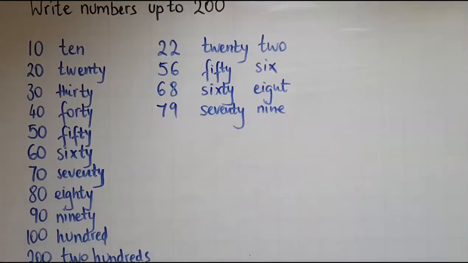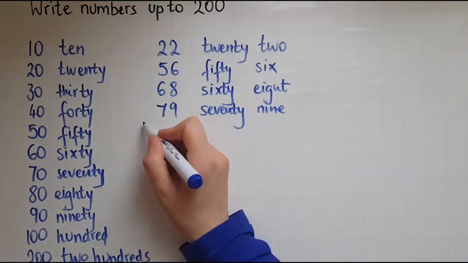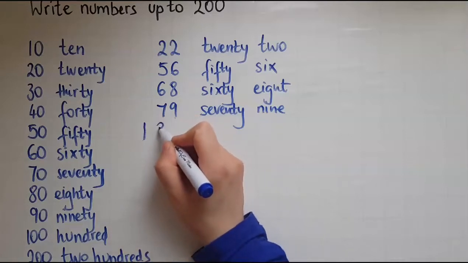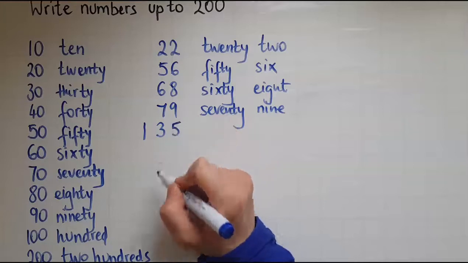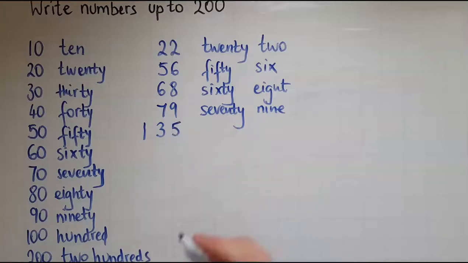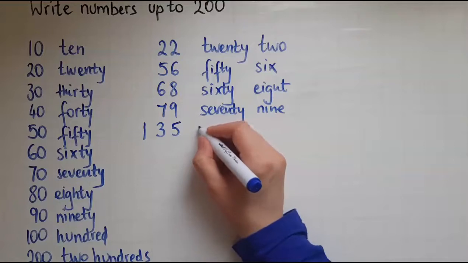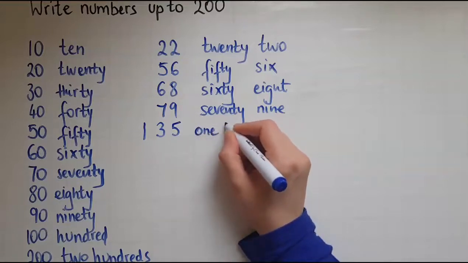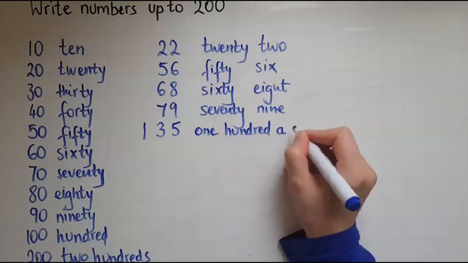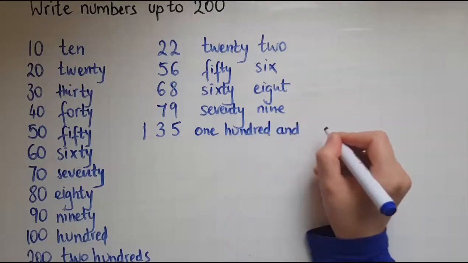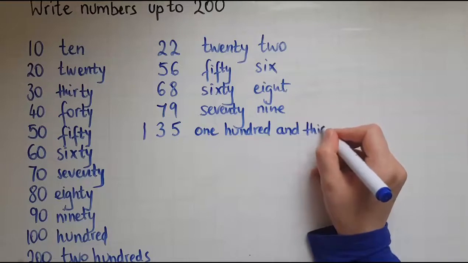If you want to write 135, so we got 130, so 3 tens and 5 units, 135. So you can say 100 or 130.